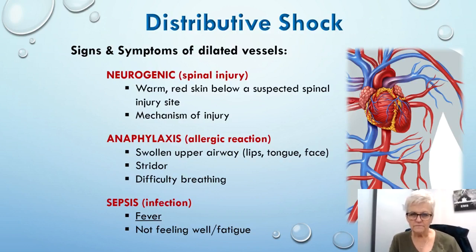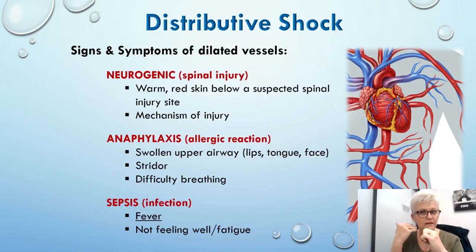Distributive shock, okay? Basically, this means my vessels are the wrong size. They're dilated. This can happen from three reasons. The first one, which we may consider in a trauma, is a spinal injury or neurogenic shock. The specific sign I'm going to see for neurogenic shock is below the site of the spinal injury, those vessels are not going to be constricted anymore.